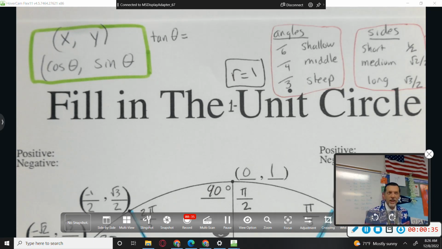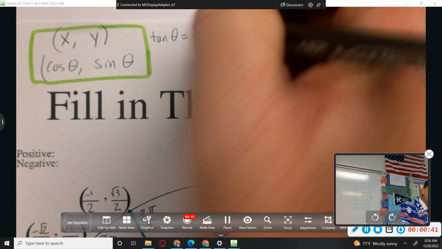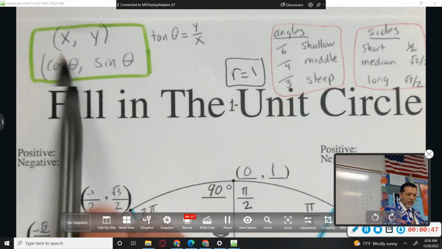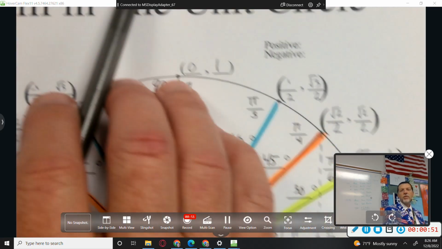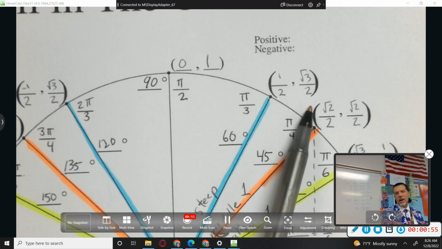It's y over x. Opposite over adjacent, but we know that that's y over x. So it's still y over x, and so if you want the tangent of some angle, you go to the angle, and instead of just using x or just using y, you have to do y over x. And most of the time that means keep it, change it, flip it, because you got a fraction over a fraction.